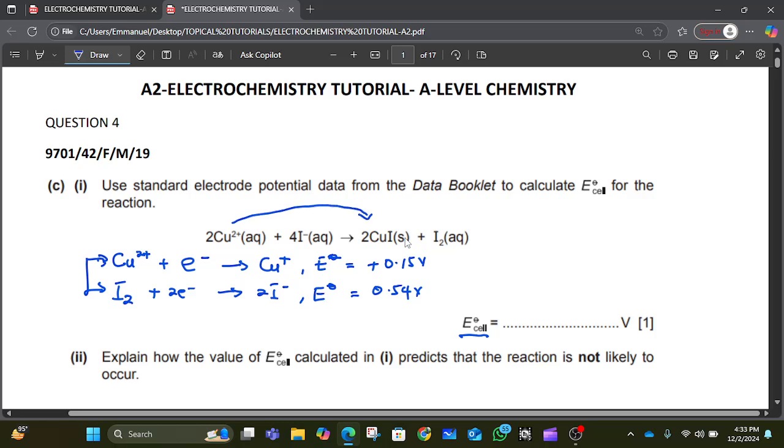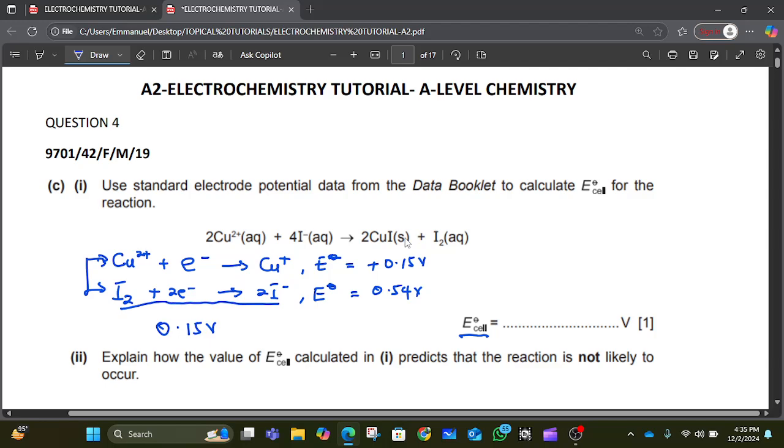Now you can see that the Cu2+ has been reduced to Cu+ in this case. So it means that the Cu2+ to Cu+ equation has not been reversed, so the electrode potential value will still remain 0.15 volts. Remember, we said every electrode potential equation is written in the reduction form.